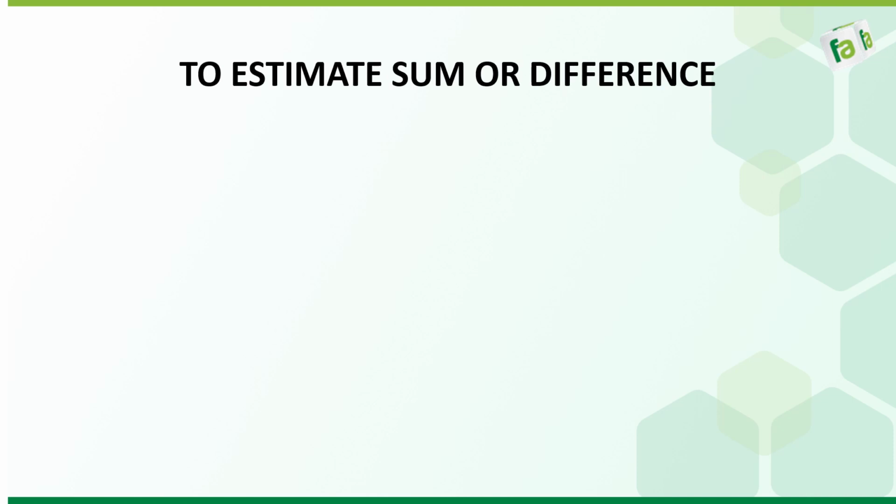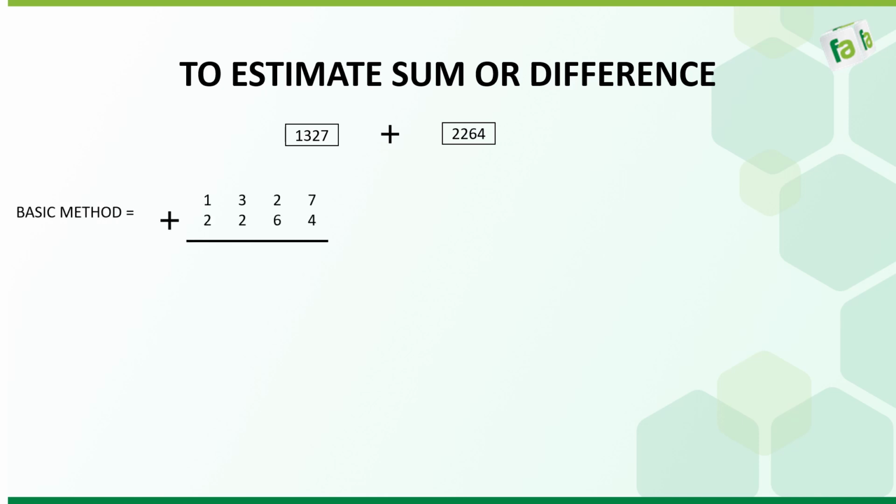Now, can you tell the approximate sum of the numbers 1327 and 2264 quickly? You can add these numbers only after writing them on paper and then adding them using the basic method.